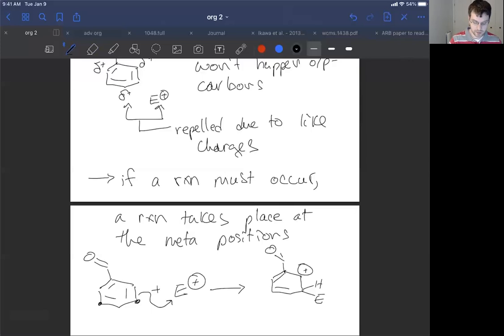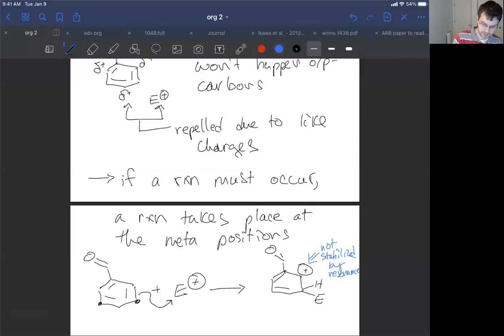Now, what we want to note about this positive charge is that it is not stabilized by resonance. It's just sort of a positive charge.